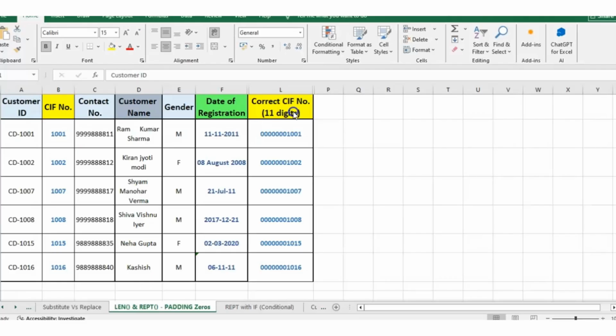So in the updated CIF number, the last 4 digits represent the existing CIF number, and the remaining digits, which in our case will be 7 zeros.